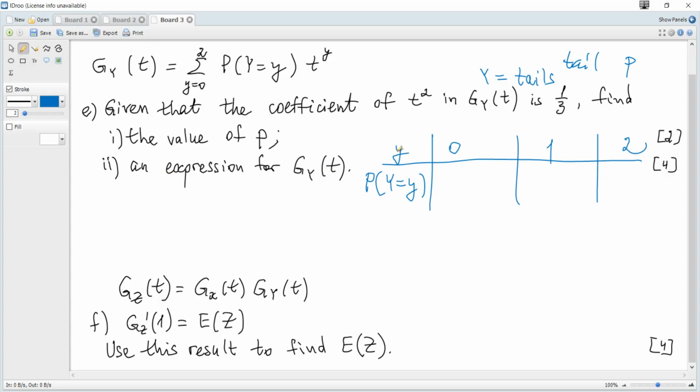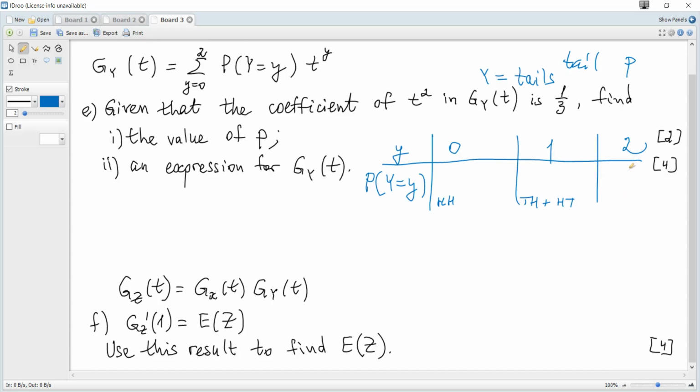So when y is 0, it means 0 tails, it means head and head. When y is 1, it's 1 tail, so it may be tail and head, or head and tail, or it can be found as, actually any probability can be found as 1 minus the sum of all other probabilities.